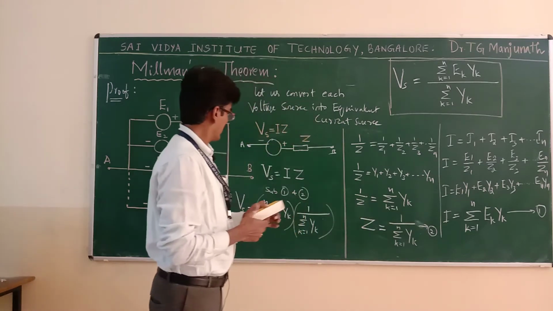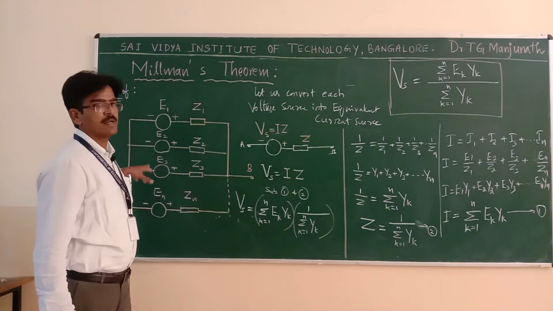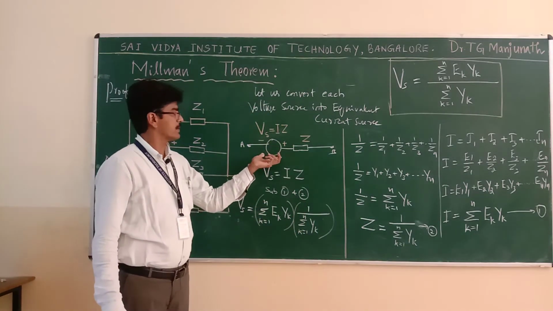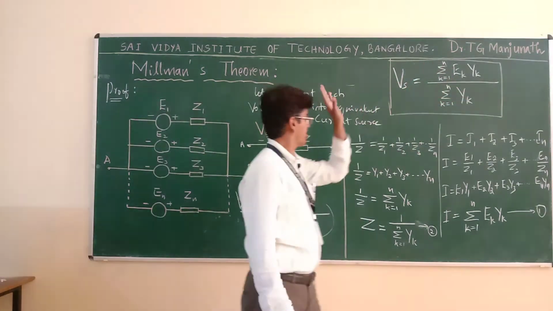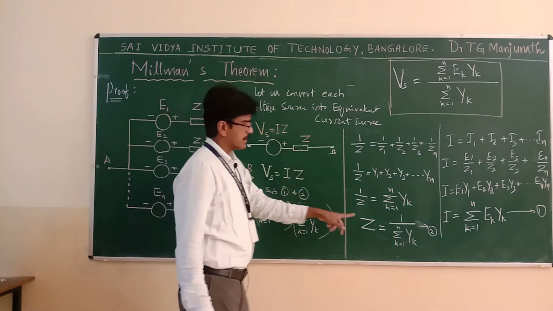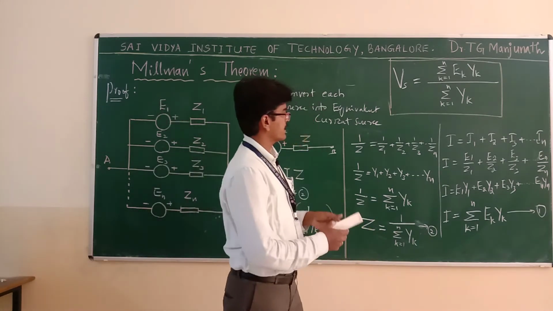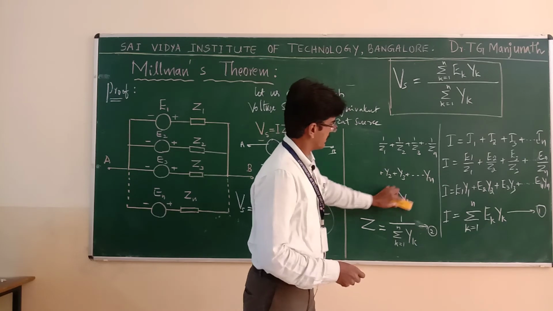That is, you have converted the given network into a single voltage source. That single voltage source is given by this equation. And what is the series impedance? The series impedance is given by this equation. Now let us rewrite this.